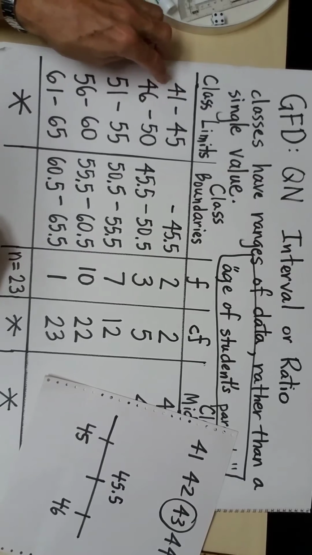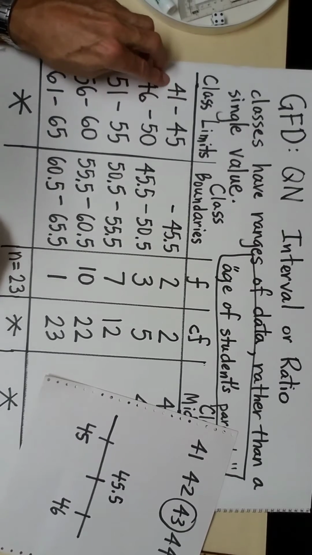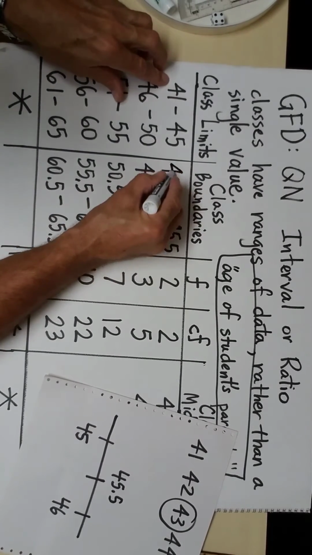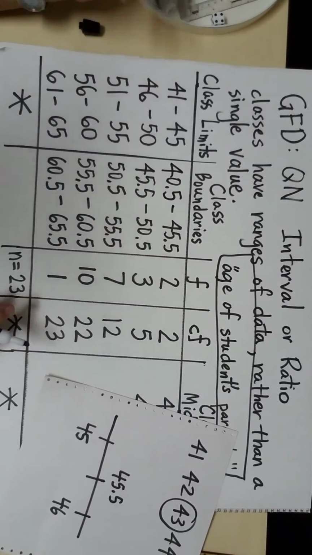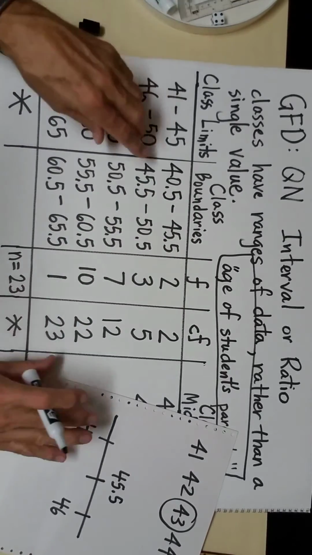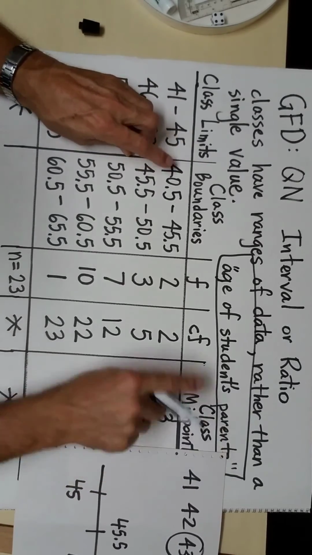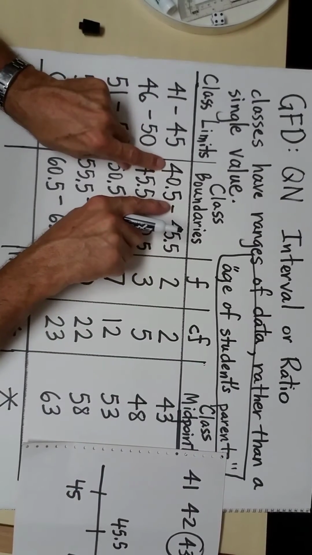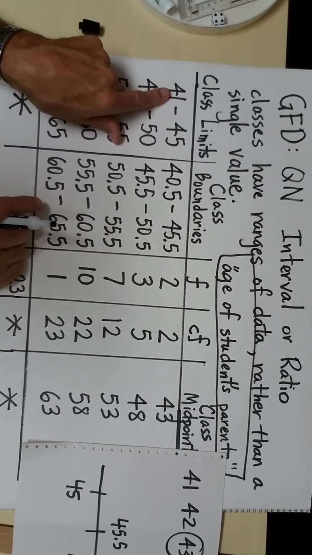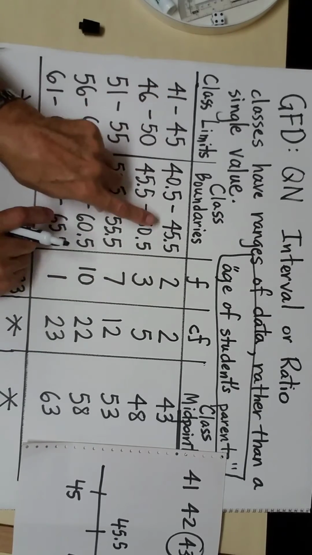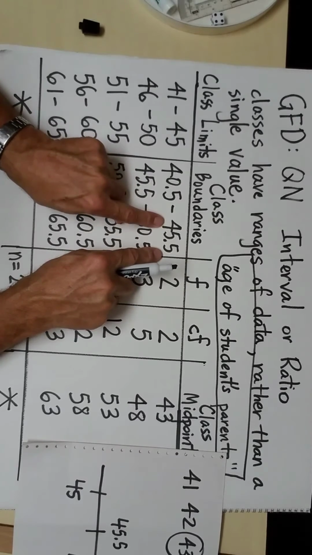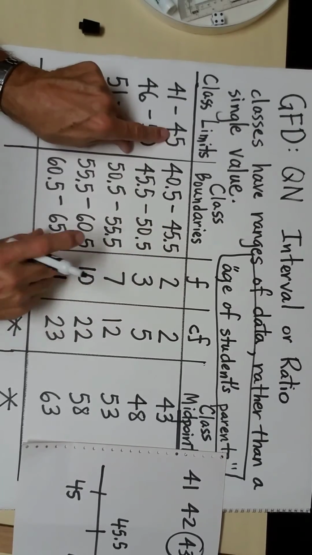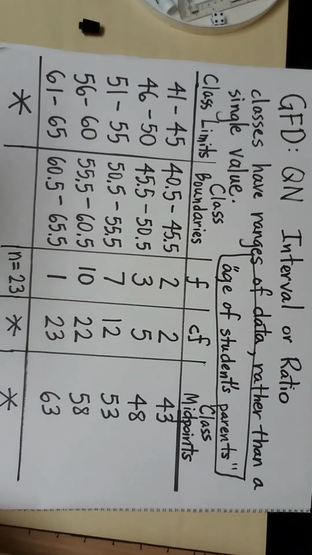Now to get the lower class boundary here, we need to go below 41, and that becomes 40.5. One way of looking at this is if a parent were 40.5 years old, you could round their age up to 41. If a parent were almost 45.5 but not quite, you could round their age down to 45.